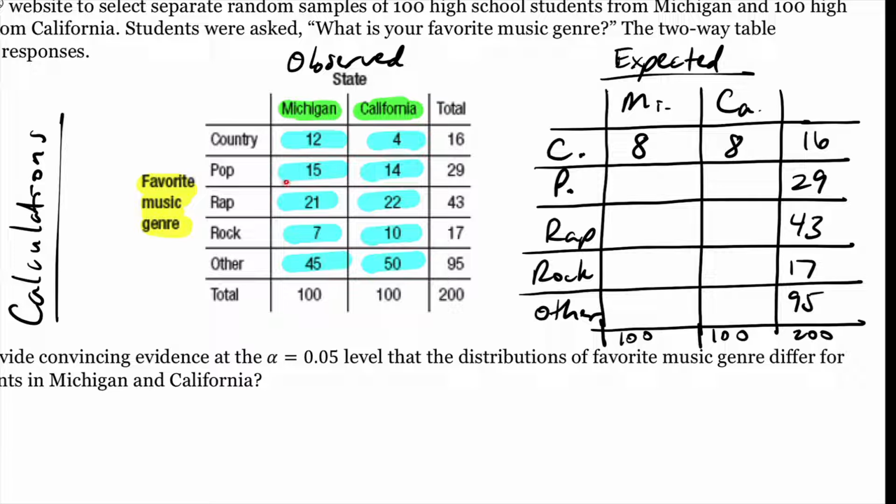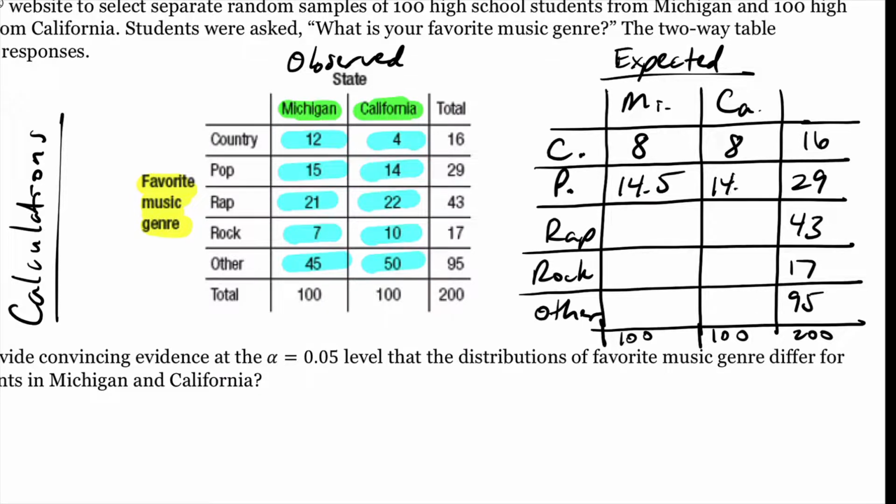So we can go to pop. Now we can say pop in Michigan first. So pop in Michigan is 29 times 100 divided by 200, and we get 14.5. Okay, so if in Michigan there's 14.5 pop, the rest have to come from California.